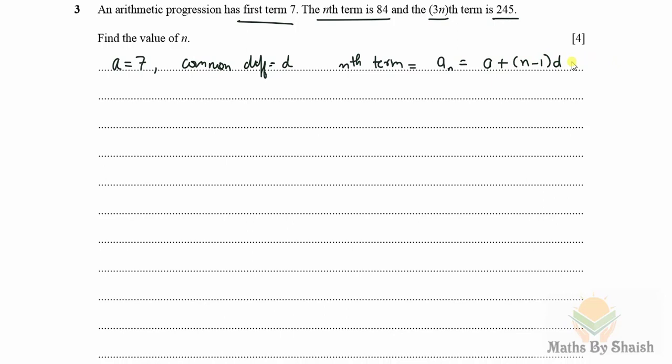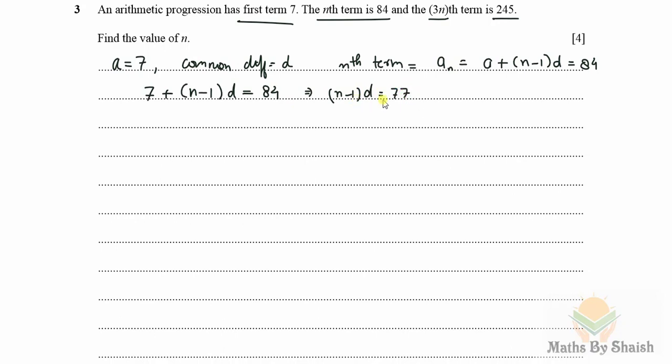From the question it is given as 84, and a is 7, so we simplify. 7 + (n - 1)d = 84, or (n - 1)d = 84 - 7, that is 77.